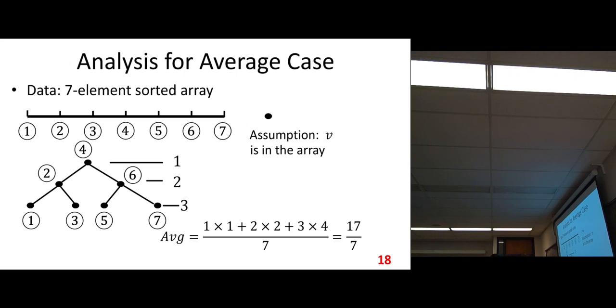Then you take the weighted average, and you get 17/7. That's how you take the average.